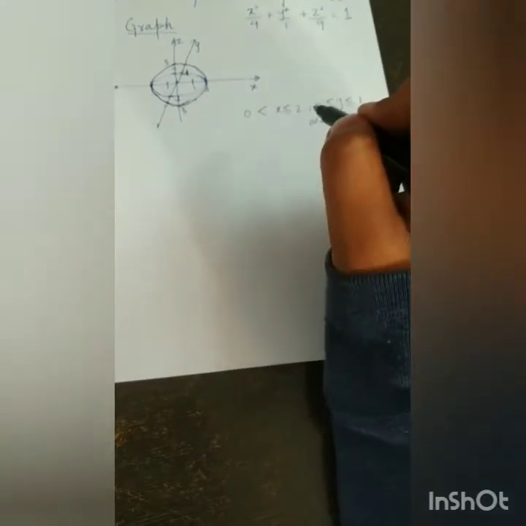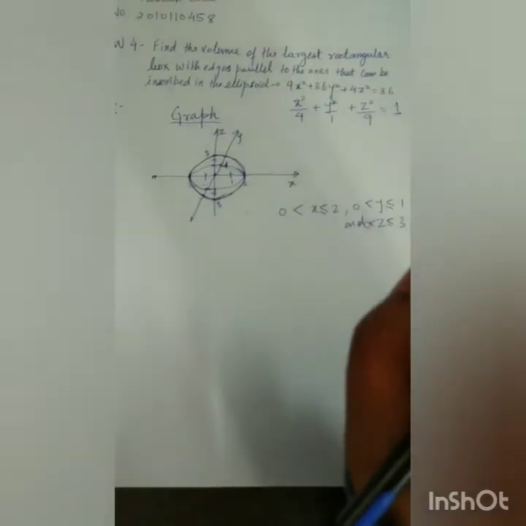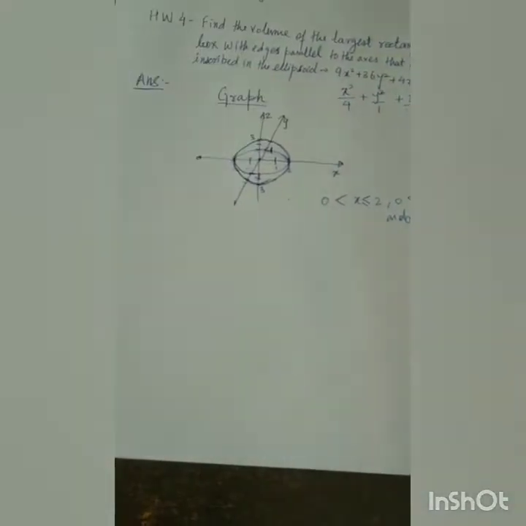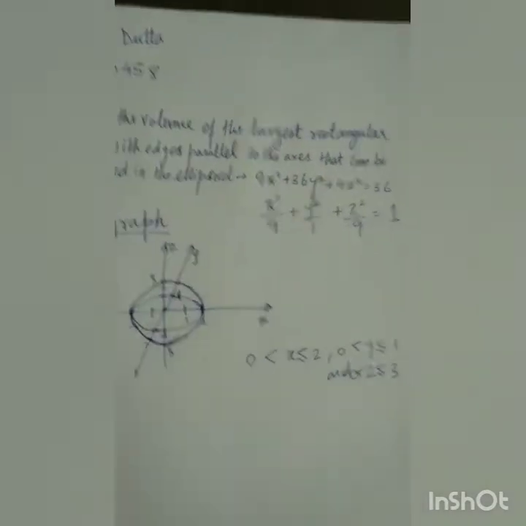Then the total volume of the box is 8 times the volume in the first octant. So we are going to consider it in the first octant, and the total volume would be 8 times the volume of the first octant.